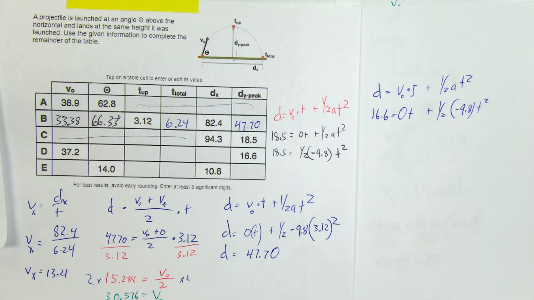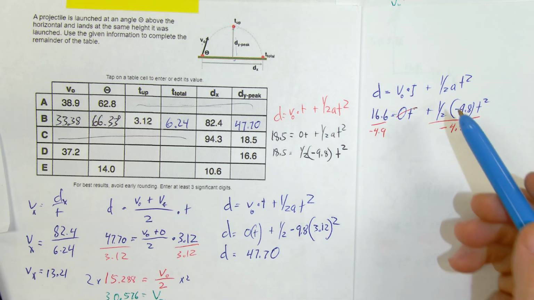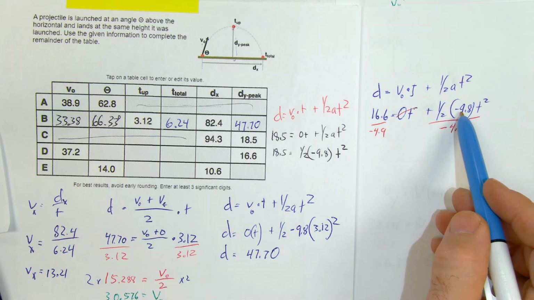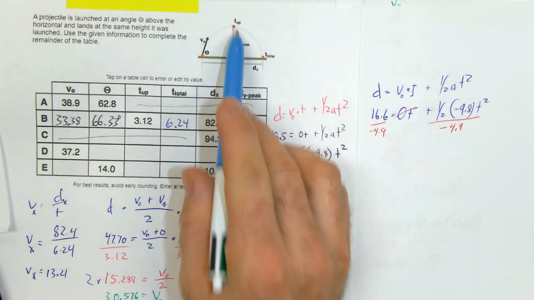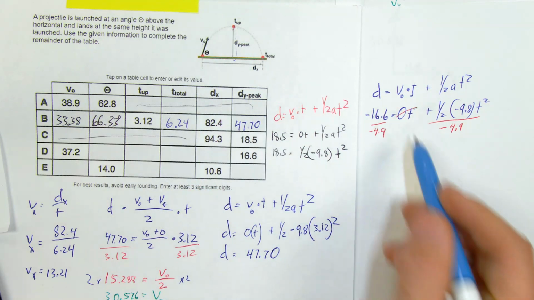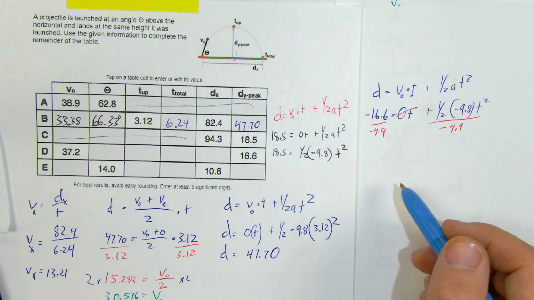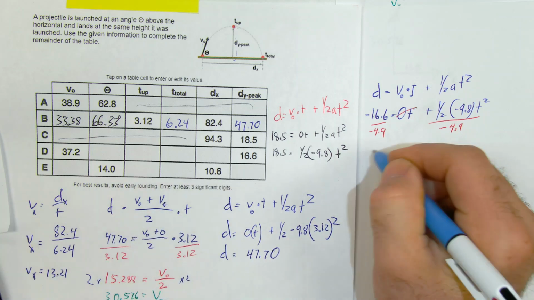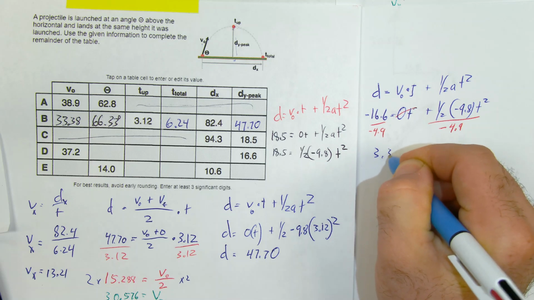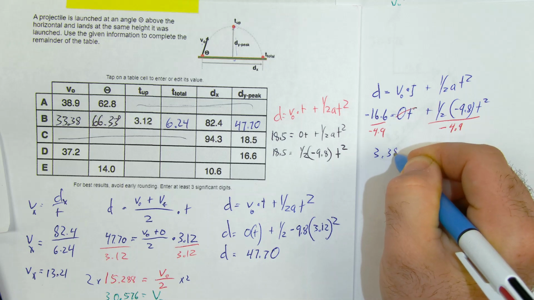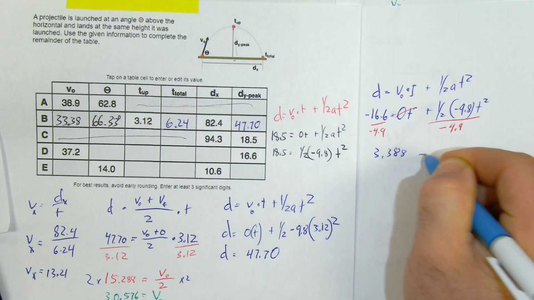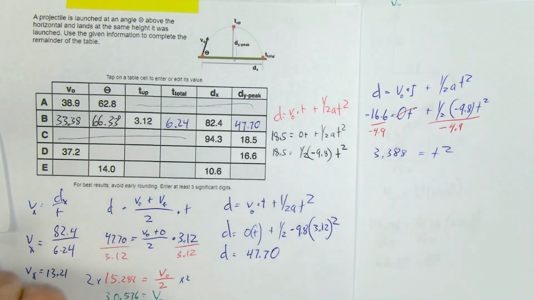At this point, I will solve for t. And so I realized as I was doing this with this negative 9.8, since I'm calling acceleration down, this displacement is actually, in fact, in a negative direction. I probably should have shown that earlier to keep consistent with my signs. But this would solve out to be 3.388 is going to be t squared.